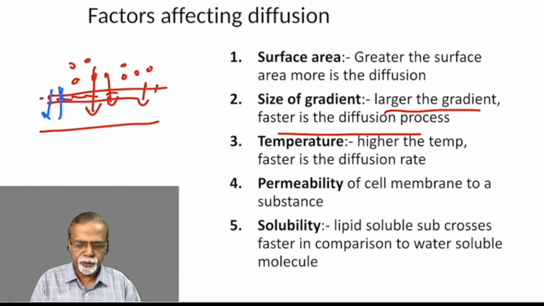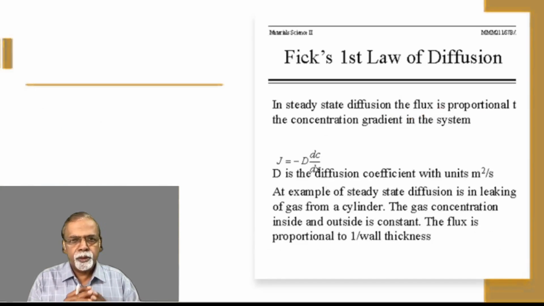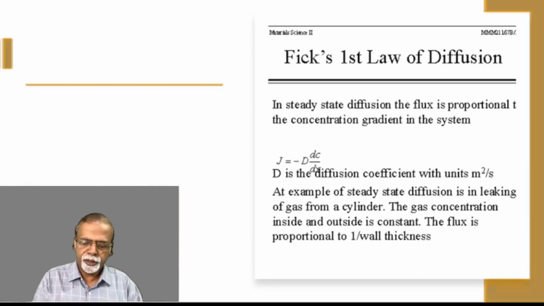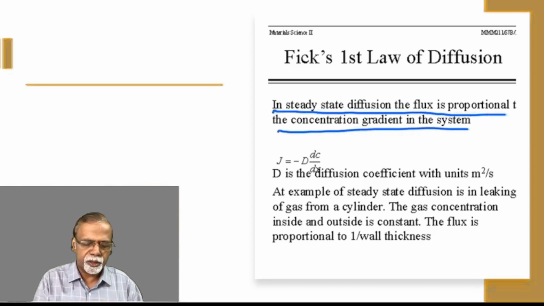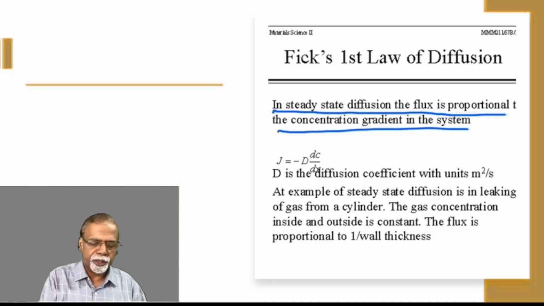So these are some of the factors affecting diffusion: the surface area, the gradient of the material, temperature, permeability, and solubility of the substance. You should remember Fick's law of diffusion. It states that in the steady state, the diffusion flux is proportional to the concentration gradient. So concentration is the number one factor: the higher the concentration, the greater the flux.